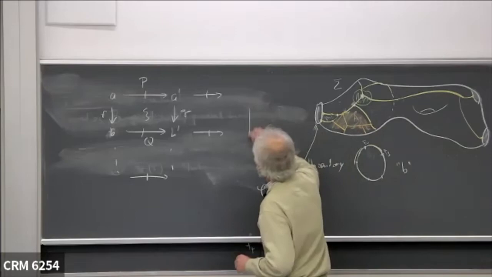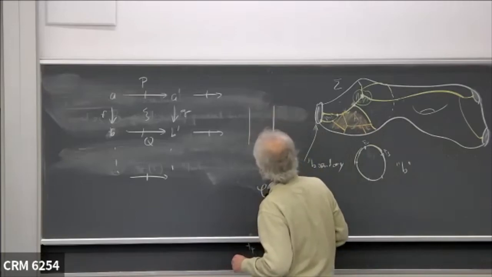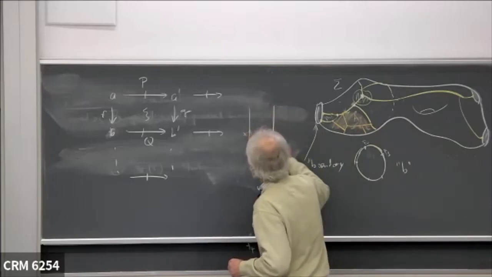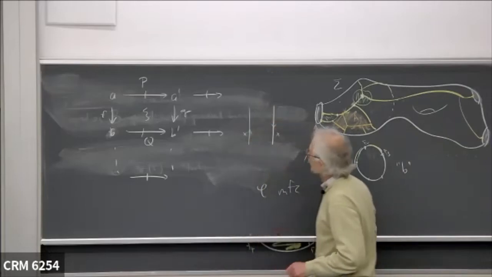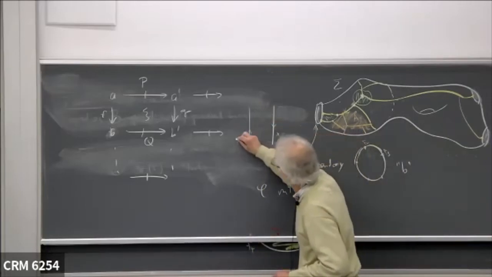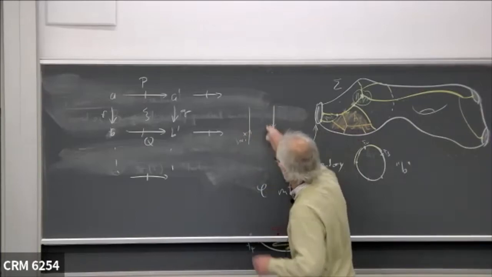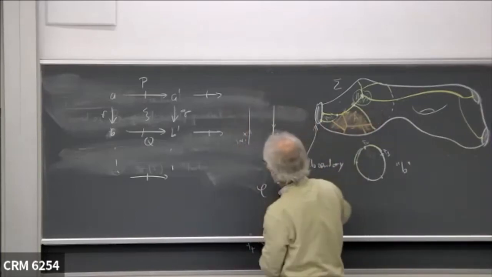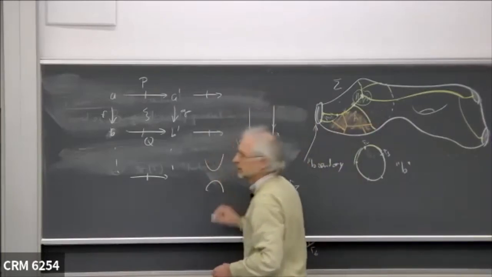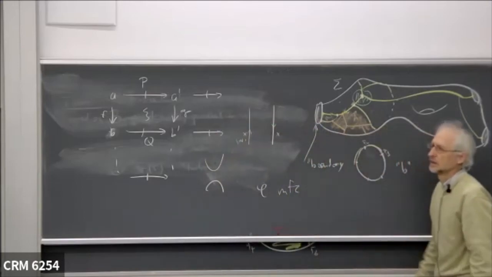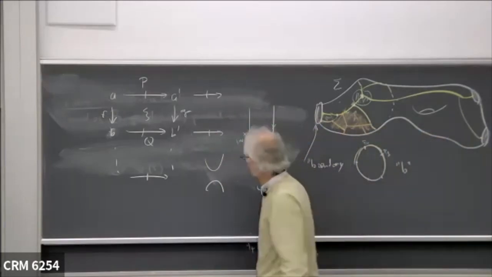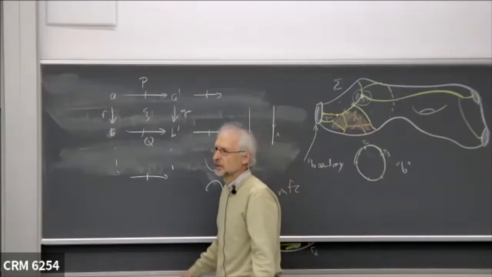A typical possibility would be that you have a bimodule which is invertible, and you replace a piece in your graph which looks like that by such a piece, and then the correlators will be exactly the same.